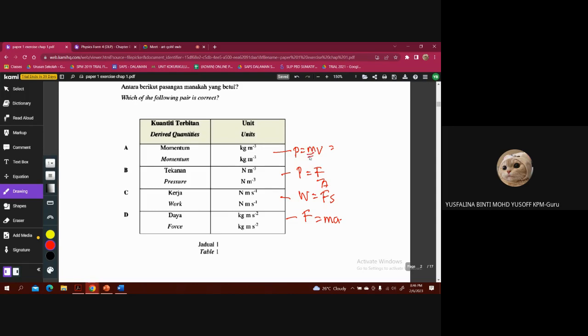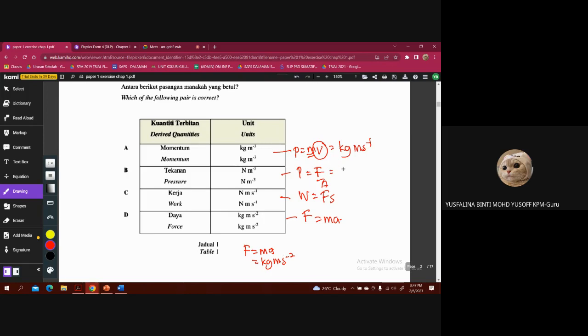M is the mass. What is the unit for mass? kg. What is the unit for velocity? m s^-1. Then this one, force, is equal to ma. So mass is kg, acceleration is m s^-2. Please don't confuse acceleration and velocity: acceleration is m s^-2, v is m s^-1.